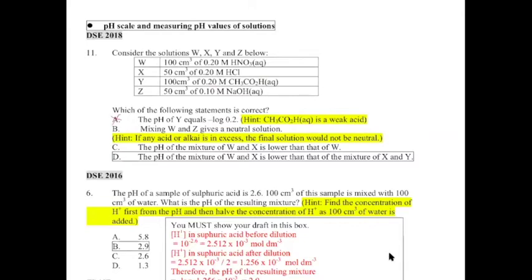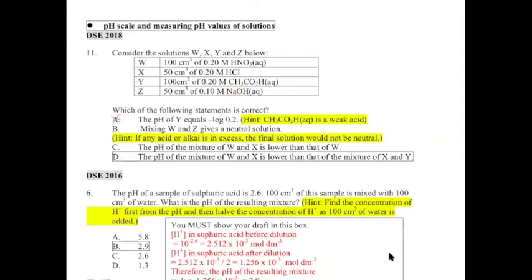And then next one, mixing W and Z gives a neutral solution. Take a look what's W. W is 0.2 molar nitric acid, a strong acid. And then we are mixing Z. Z is 0.1 molar sodium hydroxide, a strong alkali. So for this one, how do we know whether the resulting solution is neutral or not? Let's work out.